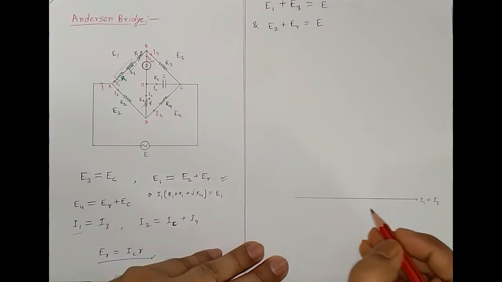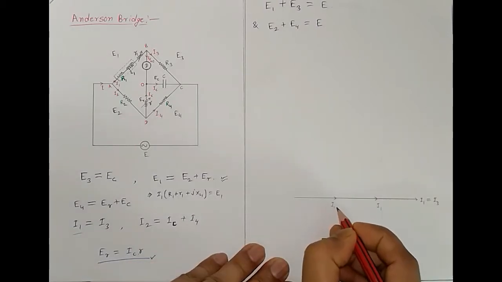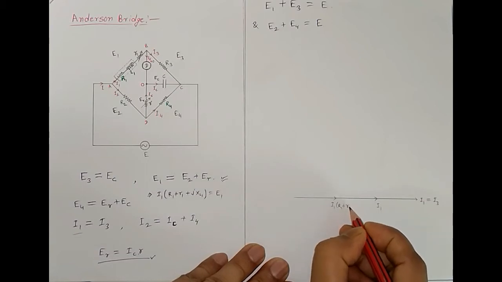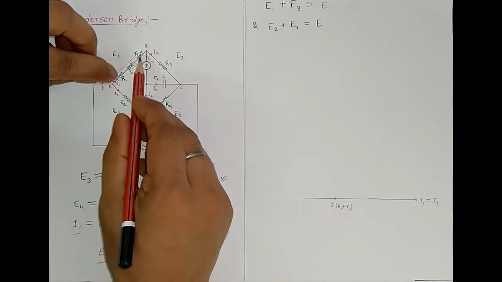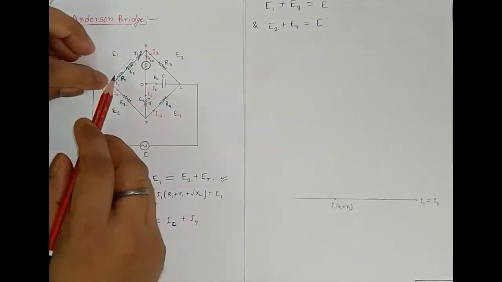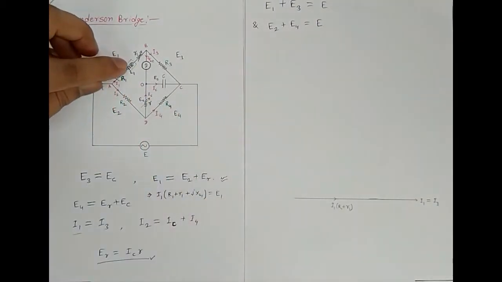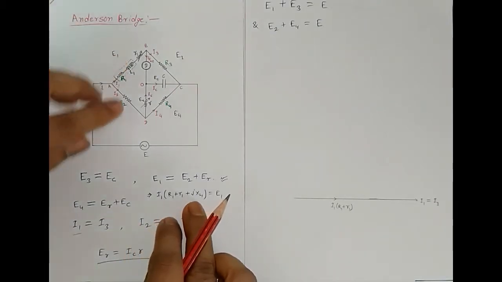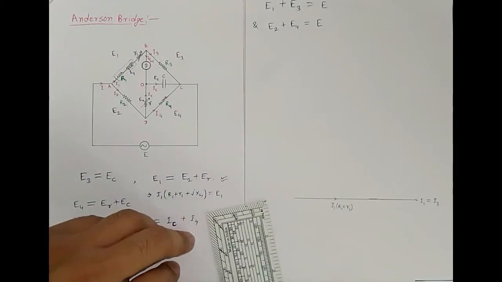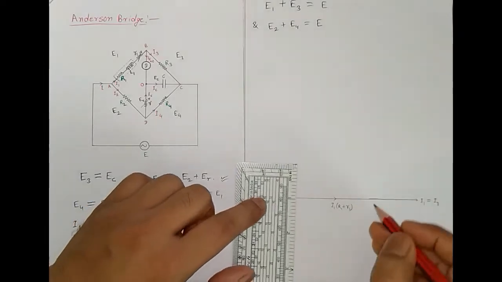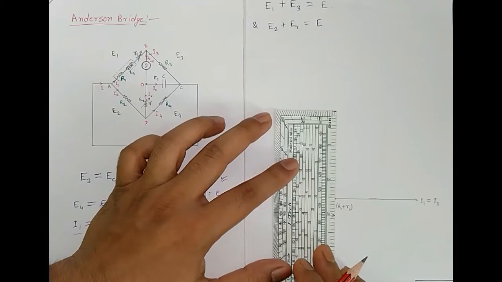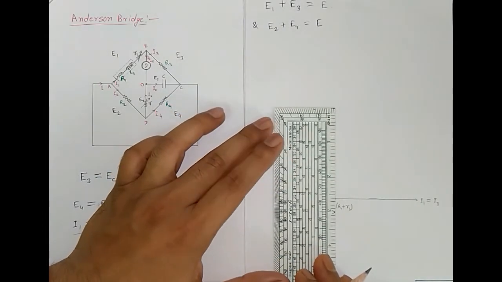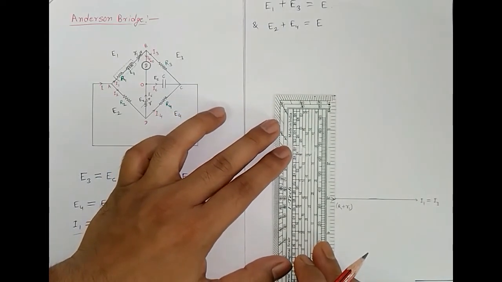So I1 into (R1 plus small r1) is the potential drop across this resistance plus this resistance, and the potential drop across this inductor will be in the positive j direction. So assume a potential drop that is perpendicular to this one.